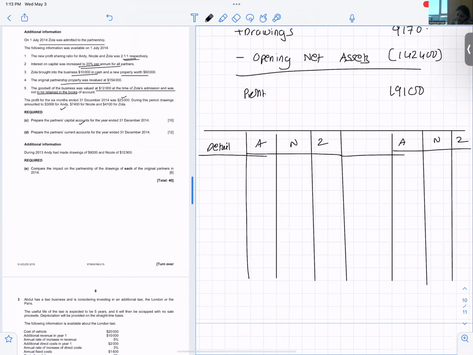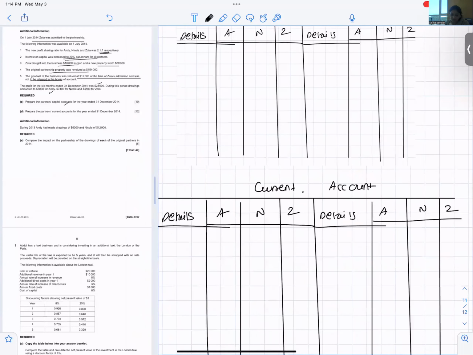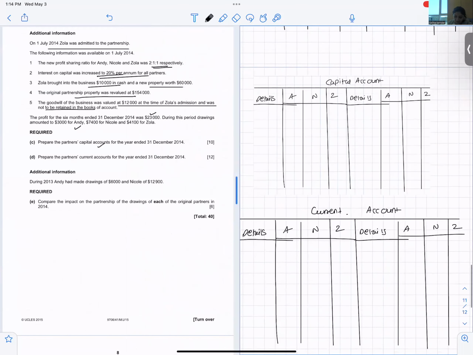Am I correct? So let's do that. This is the partner's capital account, and we have partner's current account.